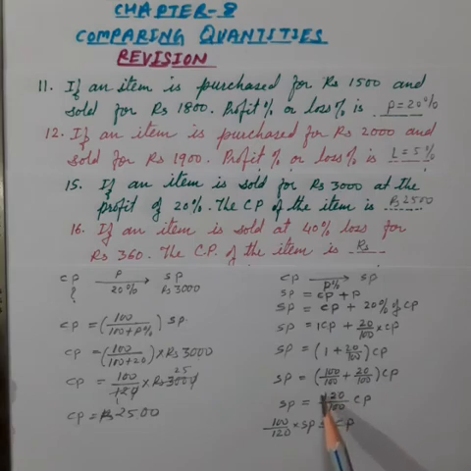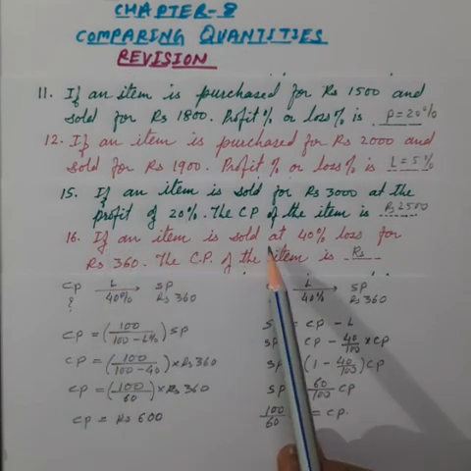We don't want this part. So take this part on other side. This 100 will be in numerator and 120 in the denominator. Now same formula we get here. Put the values, cost price, just interchange the sides. Cost price is here and 100 by 120 times selling price. Put the value and get the answer.